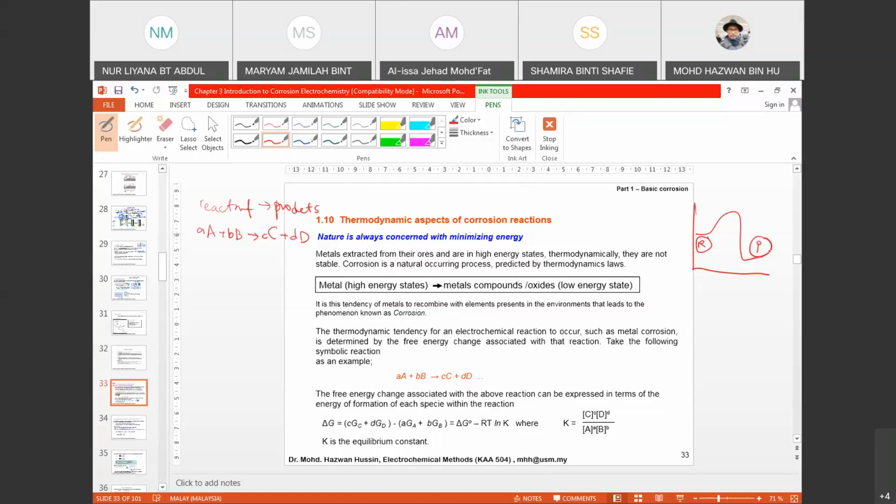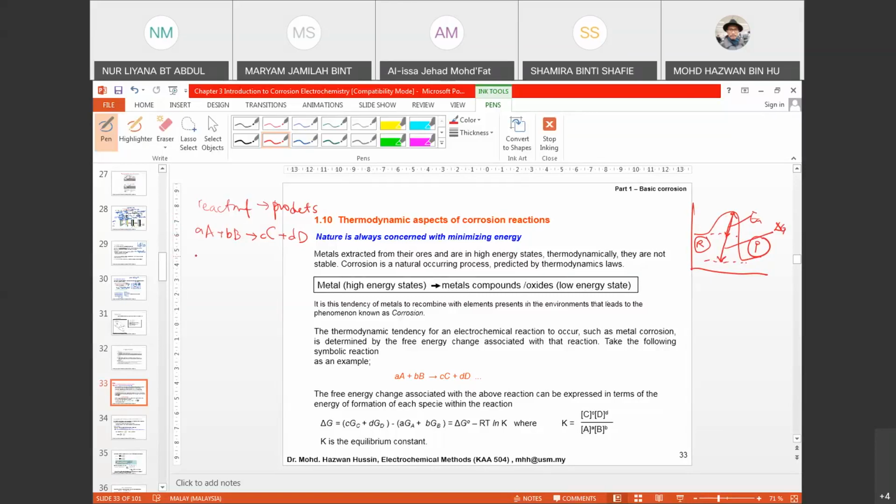The minimum energy needed to overcome is known as activation energy, and the total energy for the formation of product is known as delta G. So delta G at the end is equal to the difference or the changes of energy from products to reactants. I put G over here.